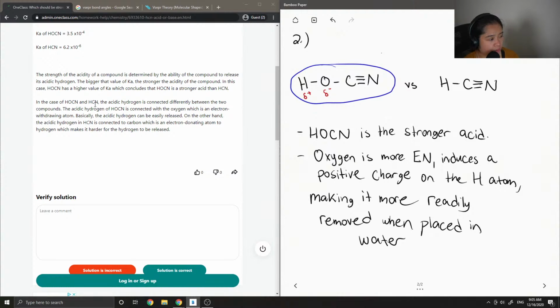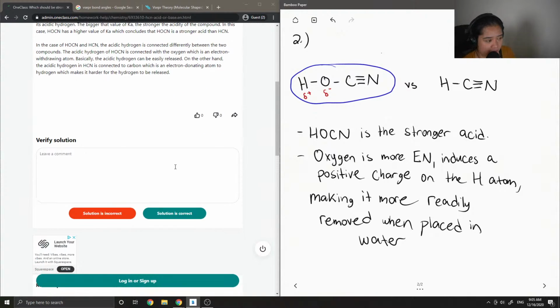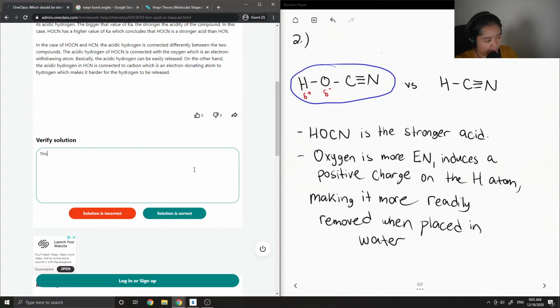In the case of both, the acidic hydrogen is connected differently between the two compounds. The acidic hydrogen of HOCN is connected with the oxygen, which is an electron withdrawing atom. Basically, the acidic hydrogen can be easily released. On the other hand, the acidic hydrogen in HCN is connected to carbon, which is an electron donating atom to hydrogen, which makes it harder for the hydrogen to be released. Yep, so they showed both approaches.